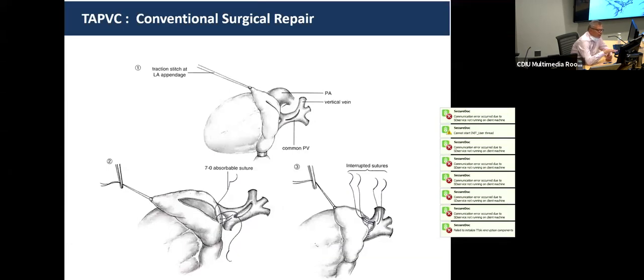So the heart can lie on top of the pulmonary vein confluence and sometimes distort the flow, because remember that these pulmonary veins may be 2 to 3 millimeters in caliber, so it doesn't take much to compress them and produce non-laminar flow. Non-laminar flow being one of the purported risk factors for postoperative pulmonary vein stenosis. So this just shows the classical repair.